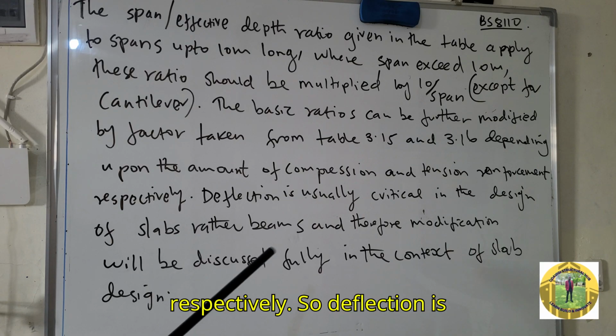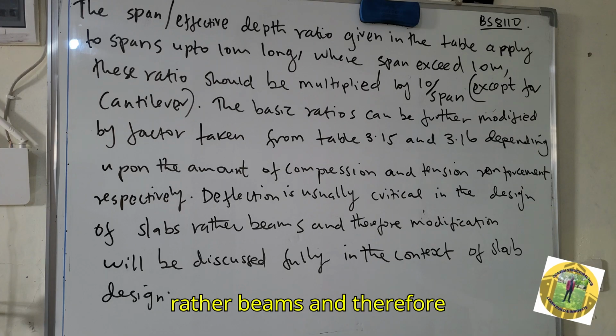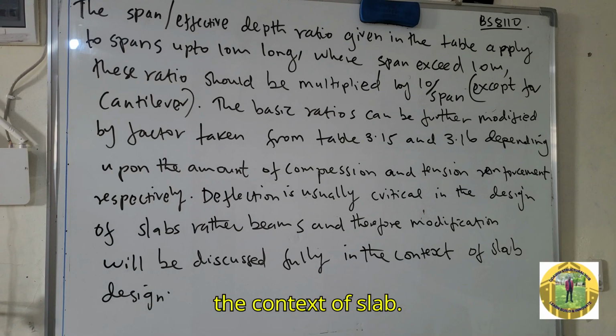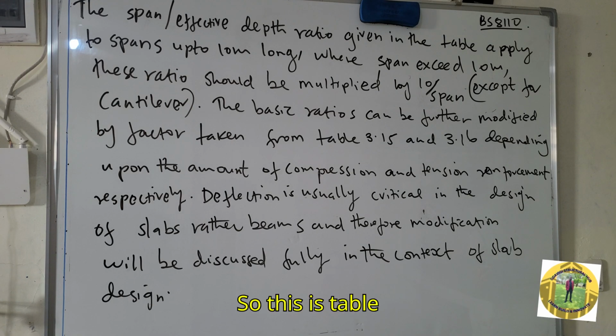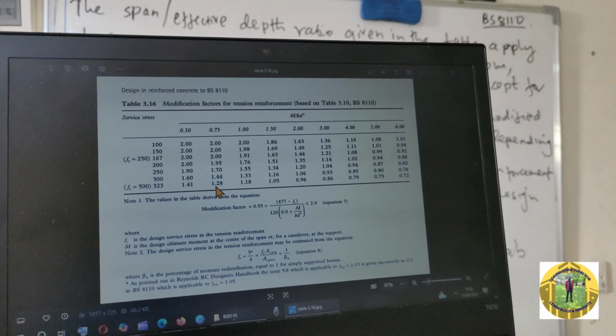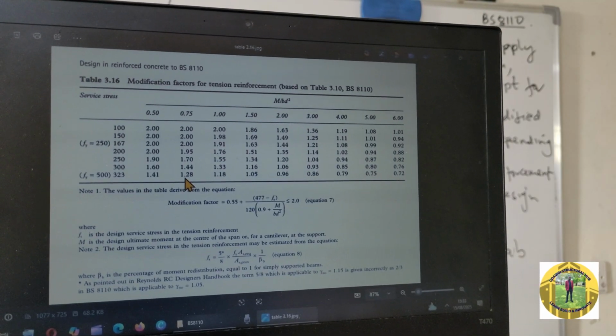Deflection is usually critical in the design of slabs rather than beams, and therefore modification will be discussed fully in the context of slabs. So this is table 3.16.